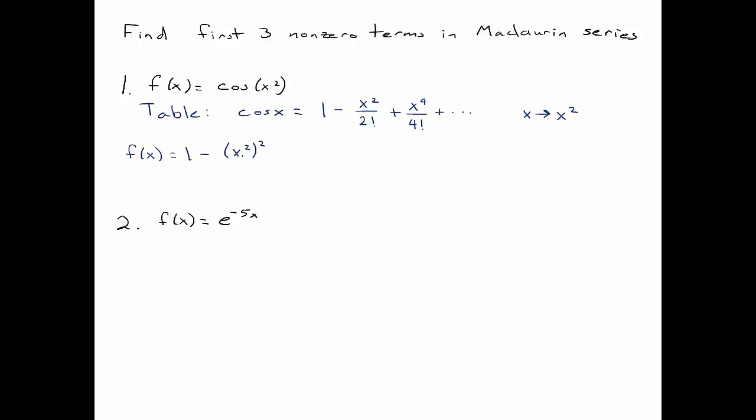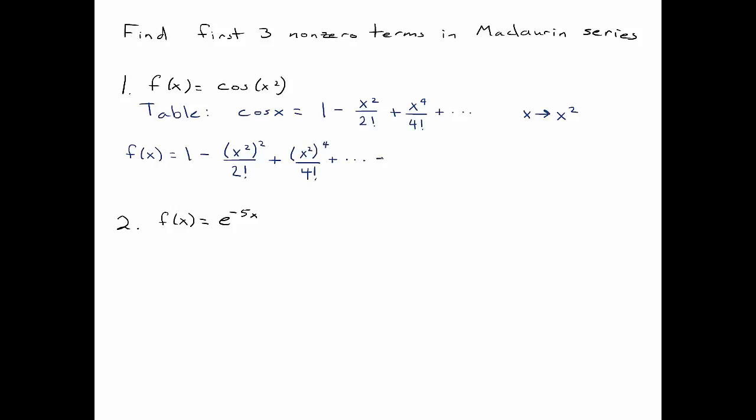This can get a little bit confusing. Make sure you really think hard about what you're doing on these steps, because you're substituting x squared for x. So you have more than one x floating around. That can be confusing. So now we're substituting x squared here, so we have x squared to the fourth power.